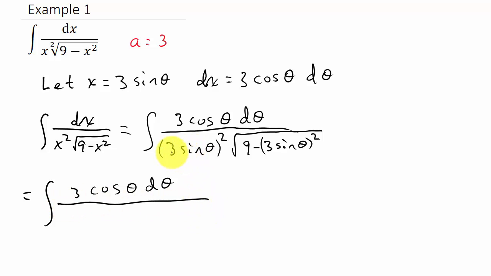Now let's square this: 3 squared is 9, and sine squared is sine squared theta, times the square root of 9 minus 9 sine squared theta.